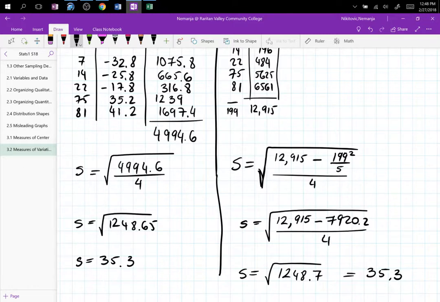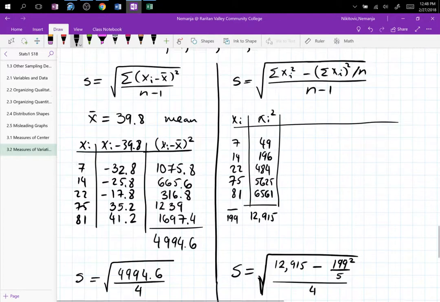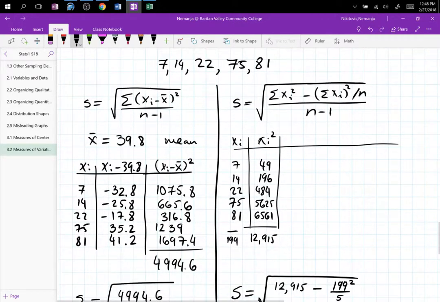So you can solve standard deviation questions using formula number 1 or formula number 2, whatever makes you sleep better at night. You want to test us on both, right? I'm just going to ask you to find standard deviation. I couldn't care less which method you use.